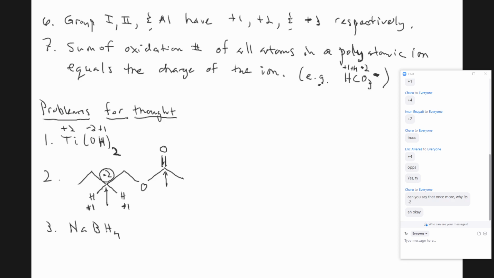Likes repel likes. What about this one? The other indicated carbon, the anomeric carbon. Yes, it's pulling electron density from the hydrogens, correct. Everyone always thinks it's +4. Careful. It's -1, -1, -1, -1.